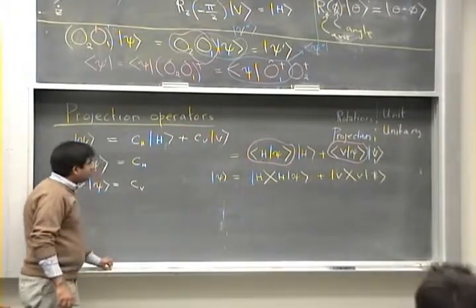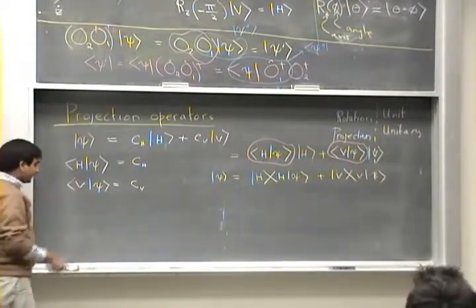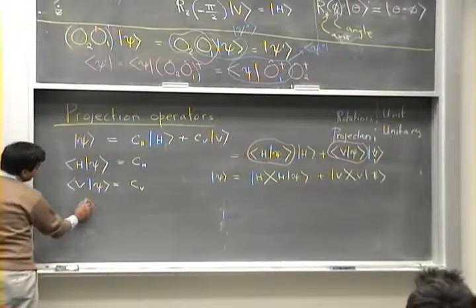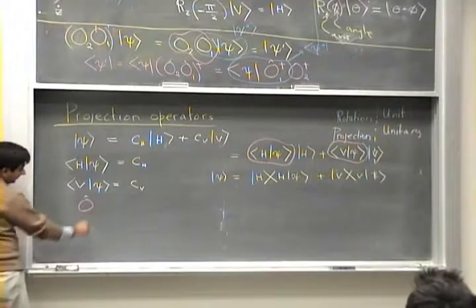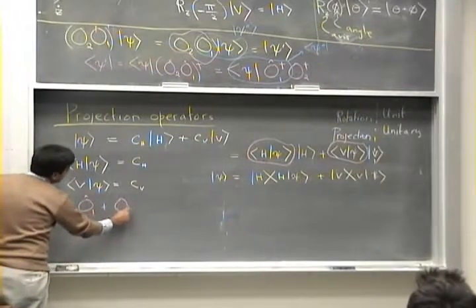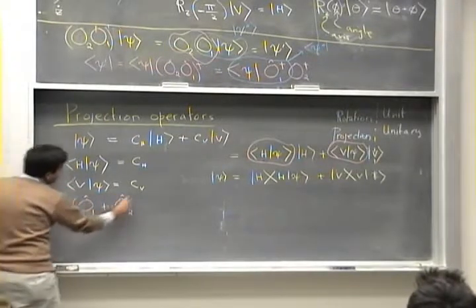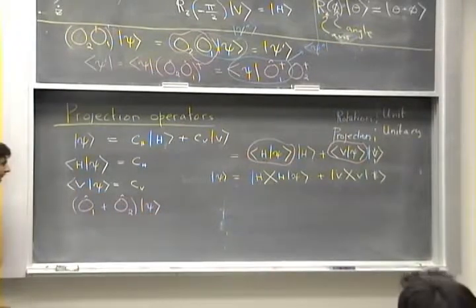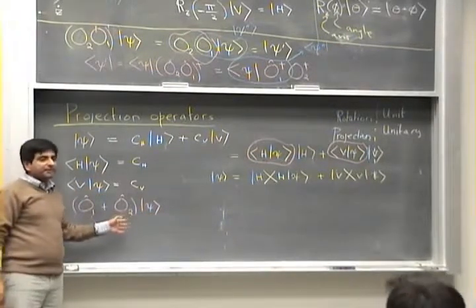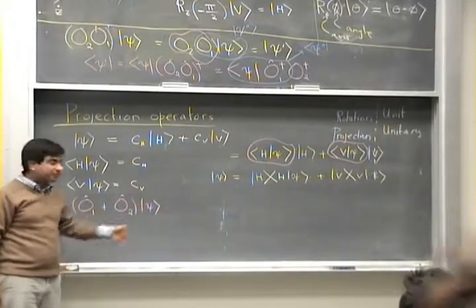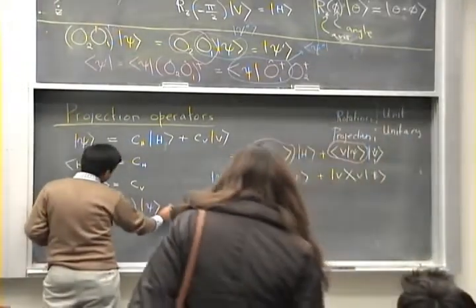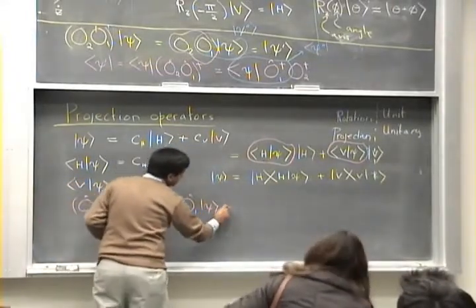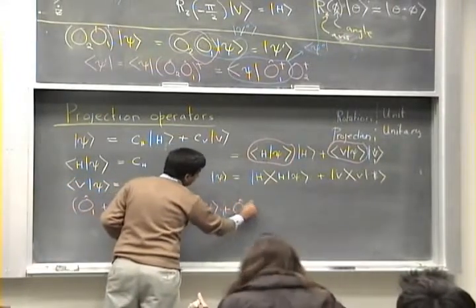Now operators have another property that I forgot to tell you earlier. If I have an operator O1 plus another operator O2 acting on a quantum state psi, then this operation is linear and distributive, which means that this must equal O1 acting on psi plus O2 acting on psi.